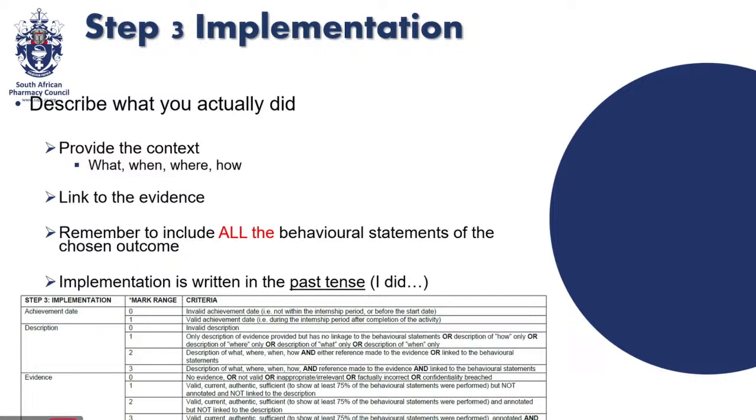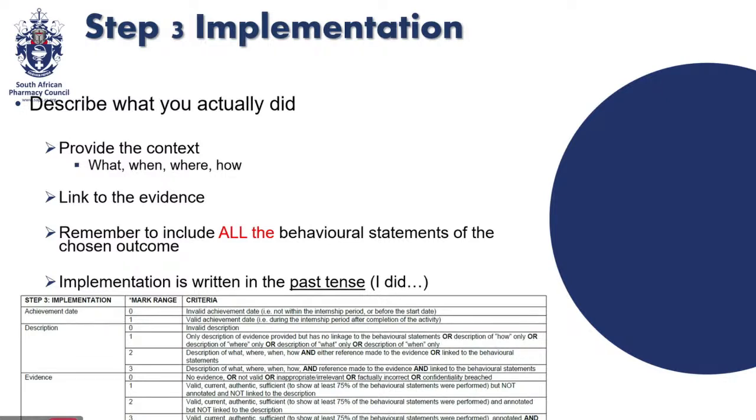And here you must link this section to your evidence. So you can see the description, invalid description, only description of evidence provided, but has no linkage to the behavioral statements, describe of how only, description of where only, description of what only, and there you can see it will only be a 1. We will talk a lot more about evidence, but evidence is very, very important.